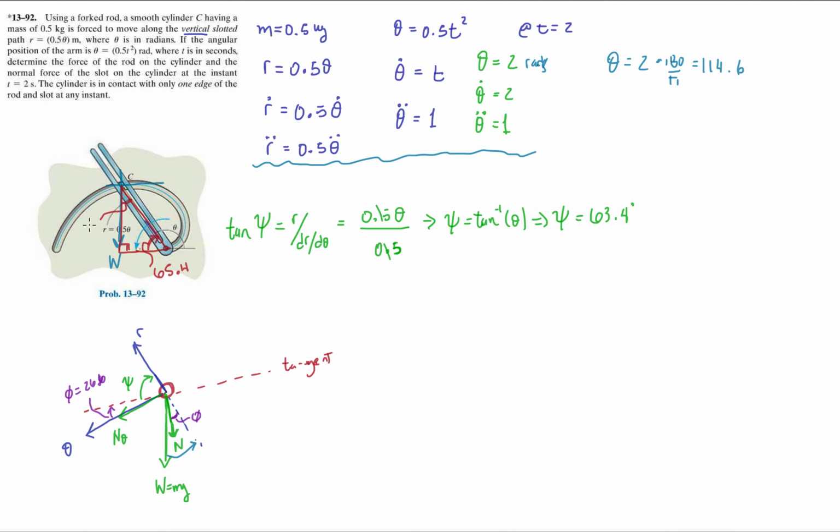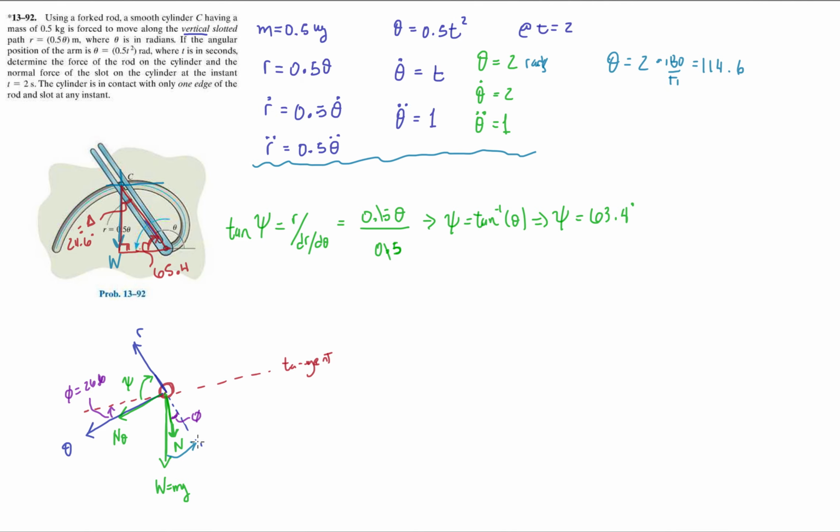Okay, and I don't know which Greek letter shall we use for this. Man, psi is usually my favorite one. Let's call it delta. Okay, that angle delta is just going to be 180 minus 65.4 minus 90, right? Because we know that the internal angles of a triangle have to add up to 180. So 24.6 degrees. Okay.